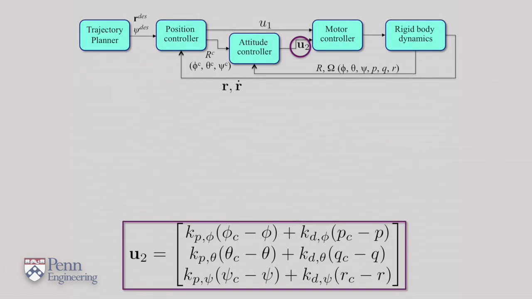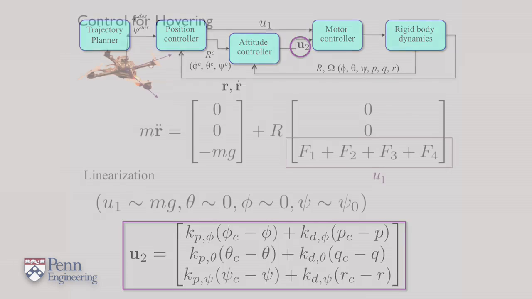This allows us to design the inner feedback loop by simply specifying u sub 2 using a proportional plus derivative controller. Here we assume that we have the commanded roll, pitch, and yaw angles and their derivatives, and all we require for feedback are the actual roll, pitch, and yaw angles and their derivatives.